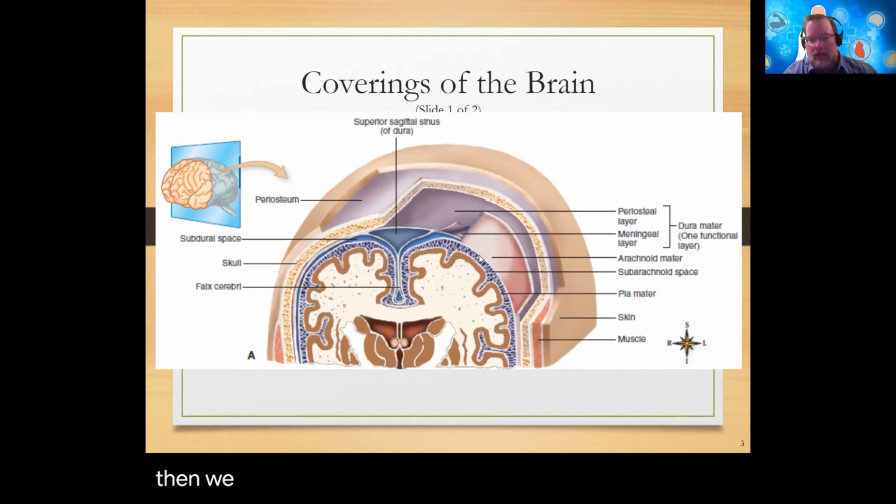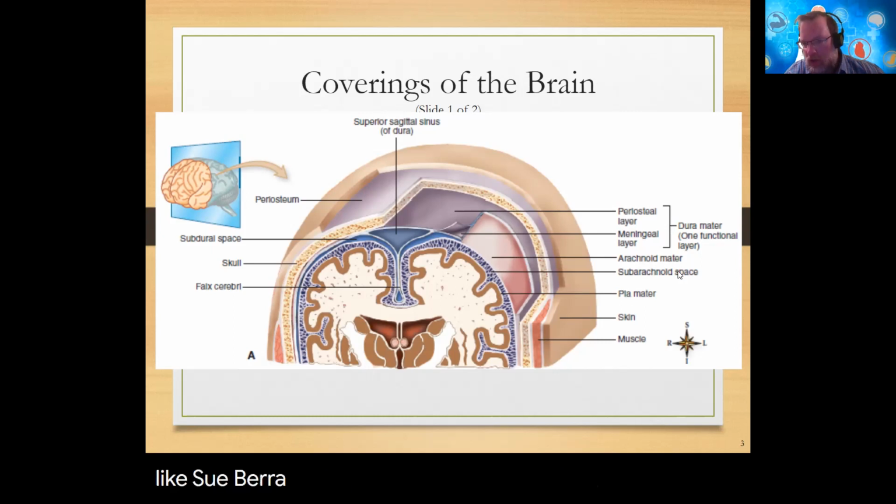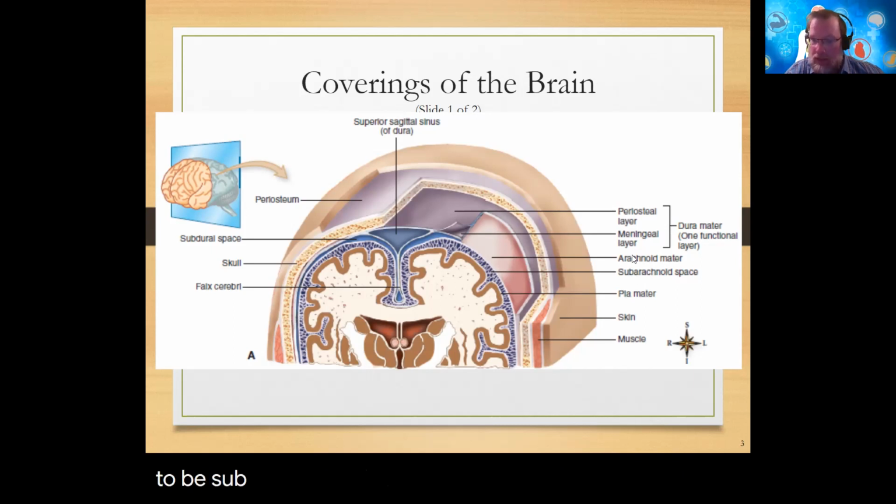Then we have a little bit of a space above that pia mater. We can see all of this webbing in there, and that space is called the subarachnoid space. This looks like a long word, so we want to break it down: sub, and then arachnoid, kind of like a spider, right?